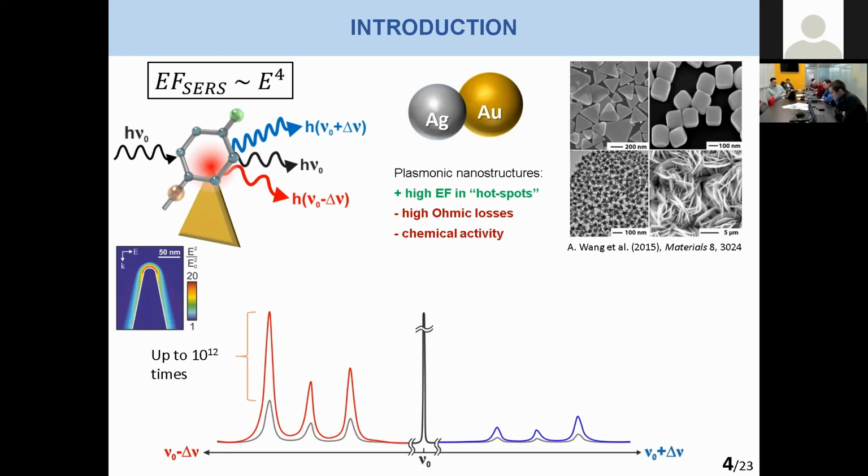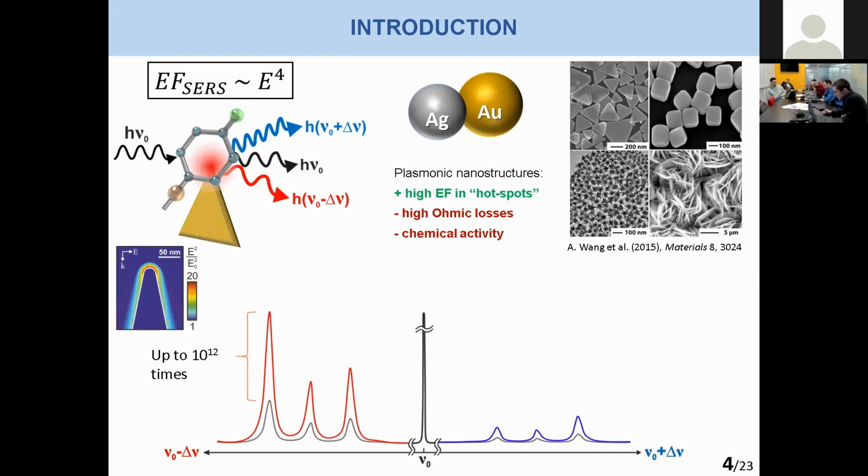The second disadvantage is the chemical activity of metals, which leads to a change in the initial structure of adsorbed molecules, which can lead to inaccurate identification.